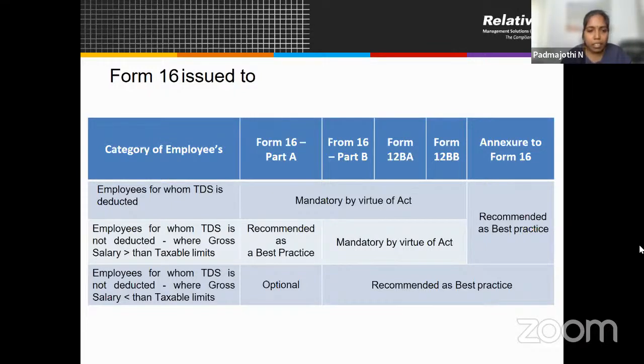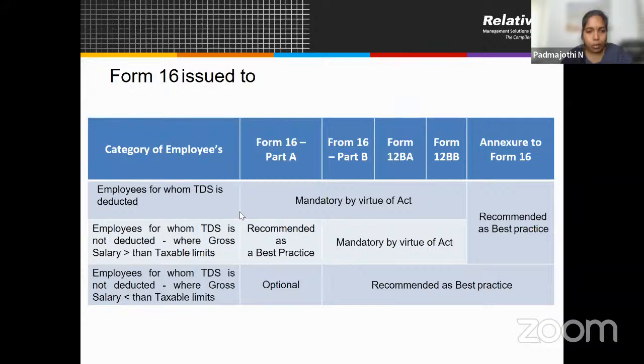And as per the act, here we have mentioned, in the second one, if employees for whom TDS is not deducted have gross salary greater than the taxable limits, then some organizations will issue only Part B, 12BA and 12BB.